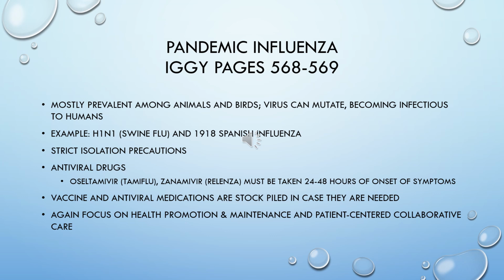They stockpile it, so if they have an outbreak, they go in and vaccinate that region where they're seeing the outbreak of the flu. And again, for studying purposes, I would spend some time looking at health promotion, maintenance, and collaborative care, which is on page 598, and I think the health promotion is on page 597, so I would look that over.